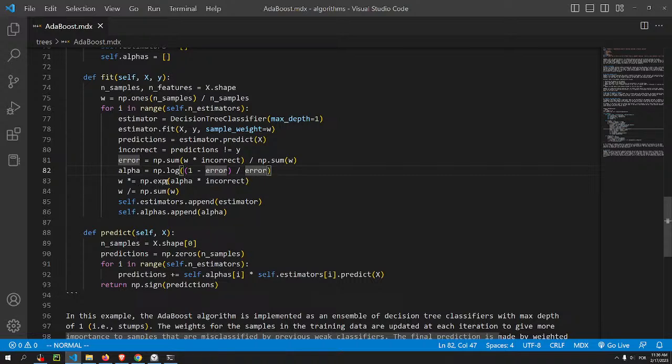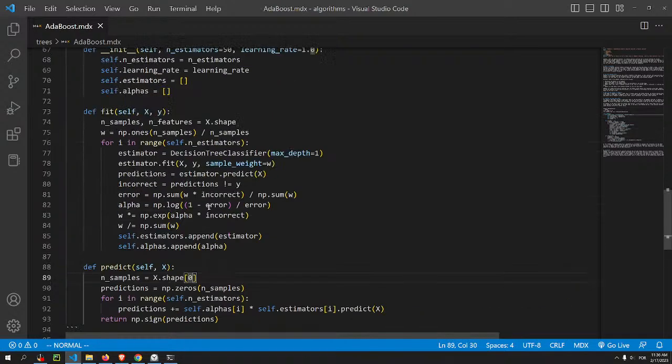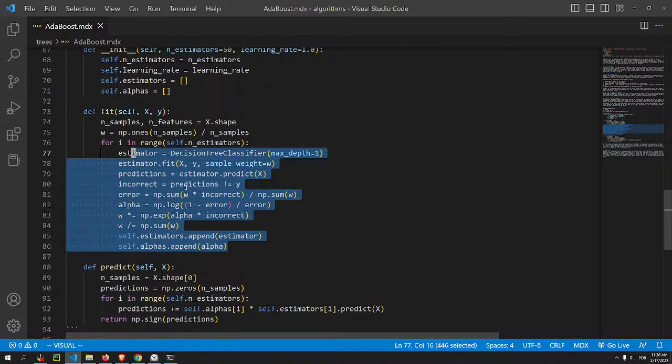And this is the calculation of the weight using the Euler, however you say that, and the alpha times the incorrect predictions, which is going to change the weight for the next iteration of the tree. Well, it's because they're two different functions, obviously.